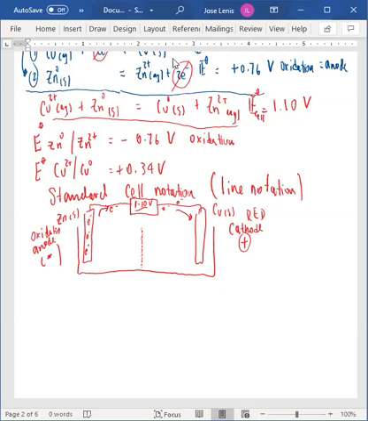There's no need to do a salt bridge because we already had the porous material, so the ions will move from one side to another side. Zinc ions, this electron is going to produce zinc 2 plus ions, and they will move that direction.